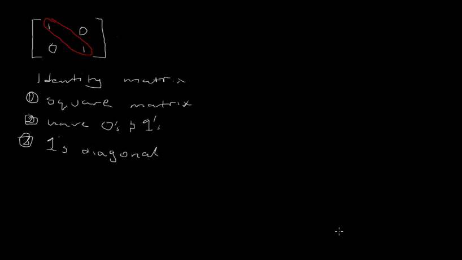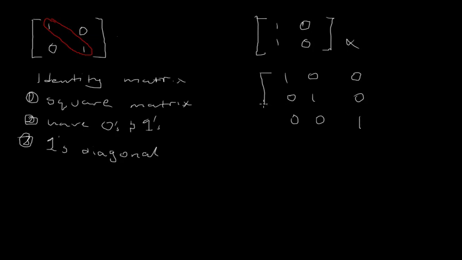If we have a different square matrix, let's say 1, 1, 0, 0, does this matrix qualify to be an identity matrix? No.